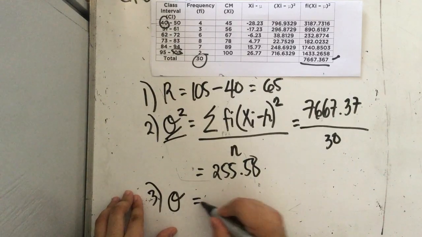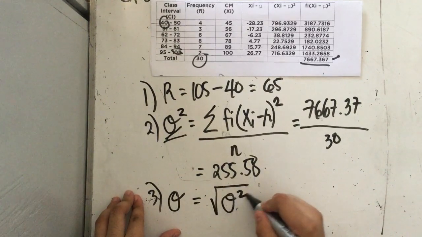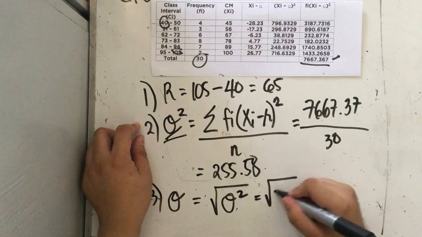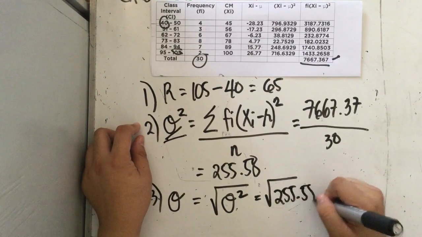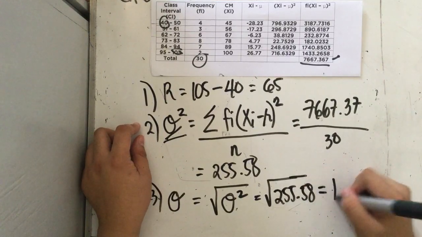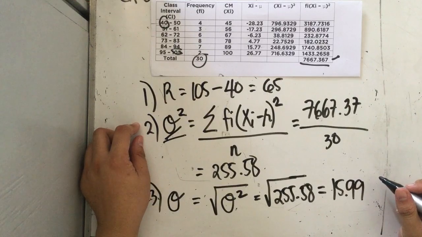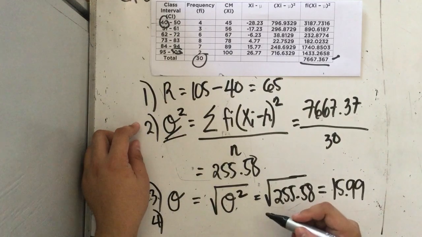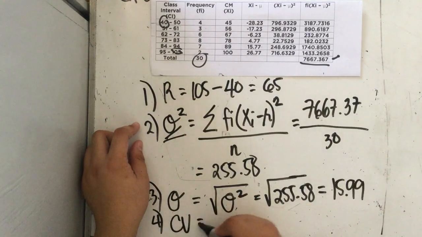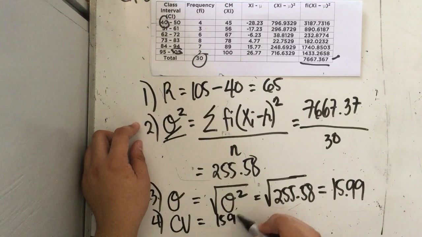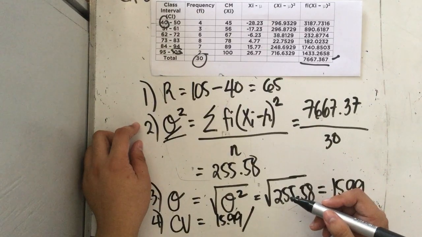So standard deviation is equal to the square root of your variance. Okay, so that is the square root of 255.58, which is equal to 15.99. Okay, and last one, the coefficient of variation, which is actually equal to the standard deviation 15.99 over our mean.